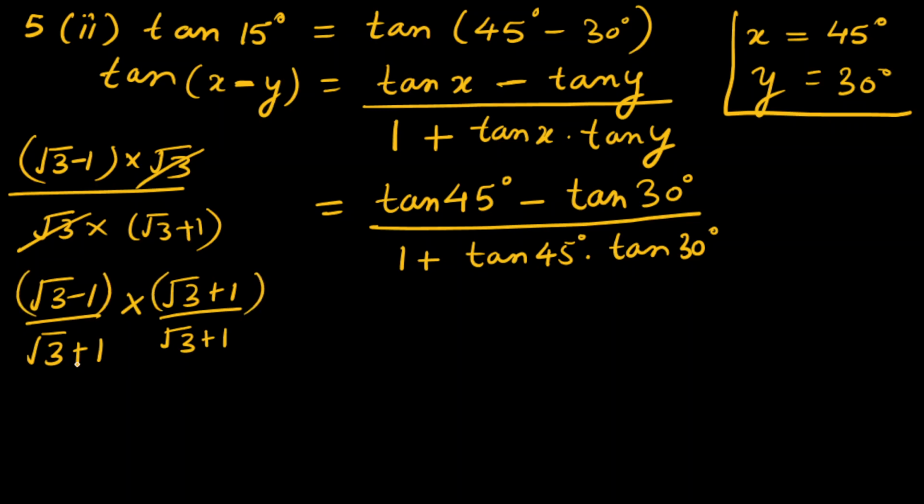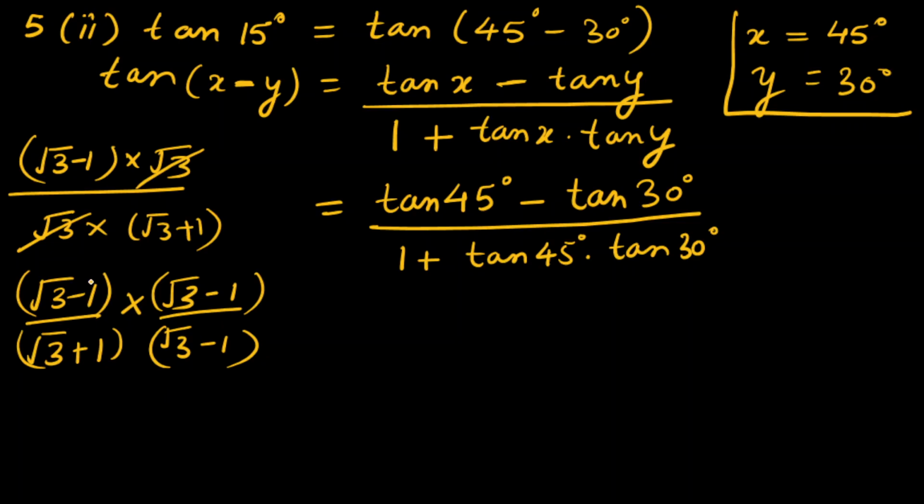One second, I just wrote the rationalizing factor will be the opposite sign. Root 3 plus 1 is there, so here it will be root 3 minus 1. In the denominator you write the same numbers but with the opposite sign. So the plus 1 will change to minus 1.